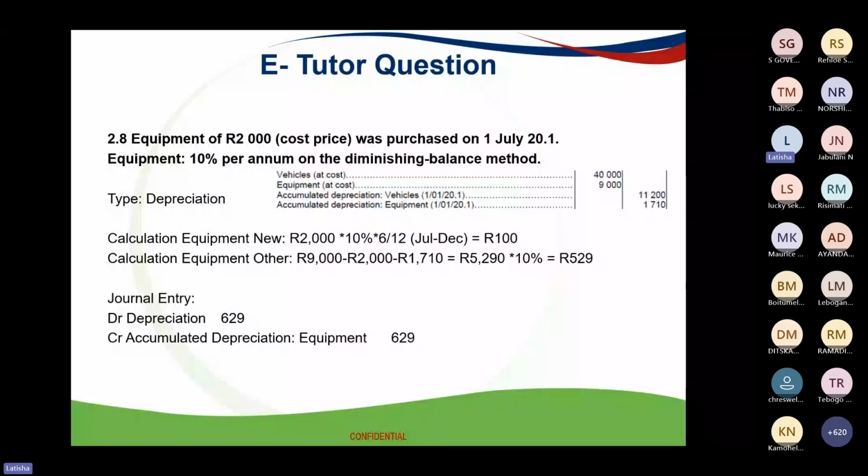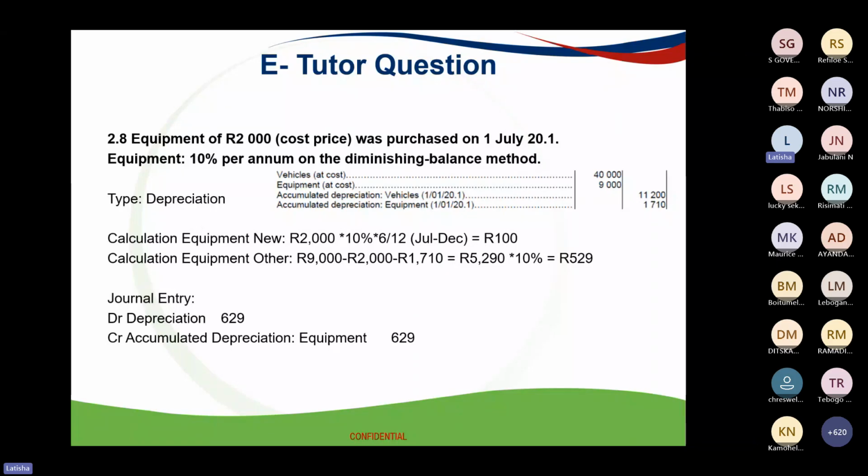So if you only bought the asset for the first time in the current year, there is no accumulated depreciation on it because you only bought it this year and you're calculating depreciation for the first time. And that is why there's nothing to minus. So there's no minus 2,000 minus something because there is no accumulated depreciation on the new equipment. The accumulated depreciation that we see here of the 1,710 would be from prior years.